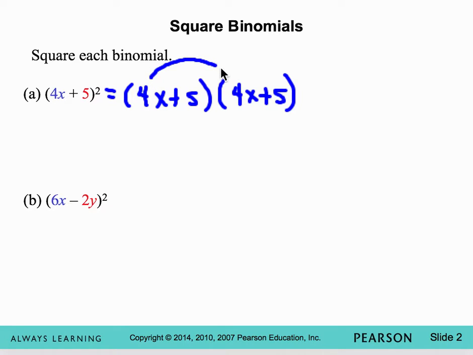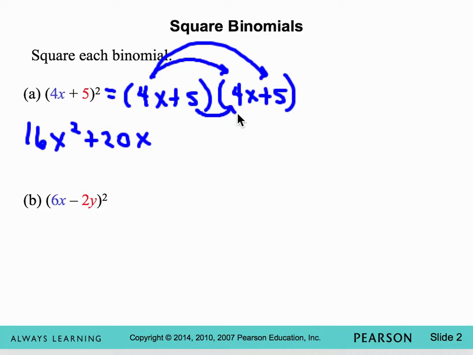So if I multiply this out, okay, 4x times 4x, 16x squared. 4x times 5 plus 20x, 5 times 4x plus 20x, and then 5 times 5 plus 25.